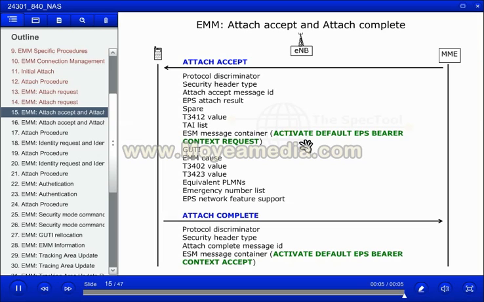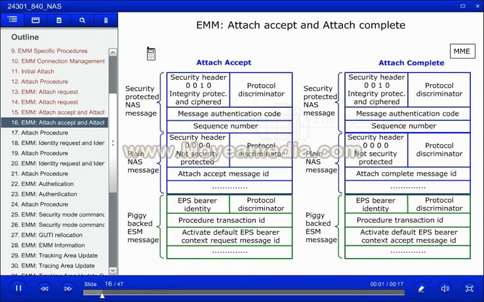The information in the ESM messages are shown in a later part of this document. Both the attach accept and the attach complete messages are sent after security establishment, so that they are security protected with both ciphering and integrity protection.